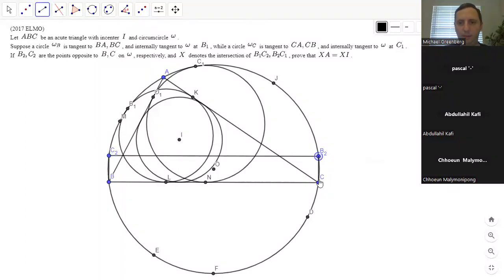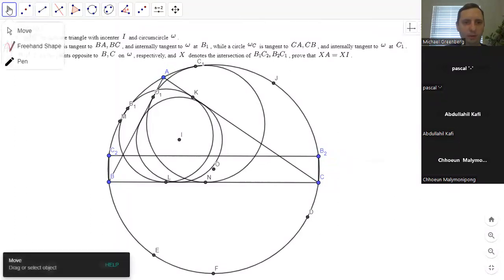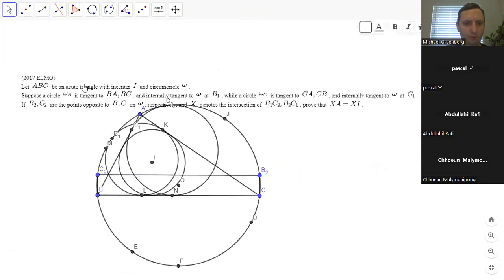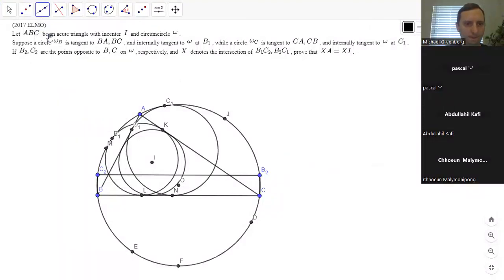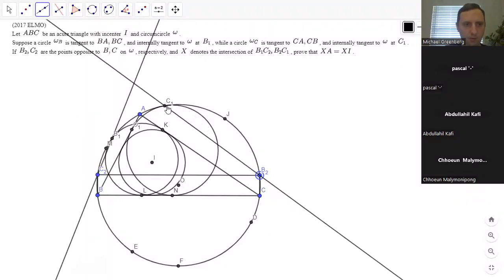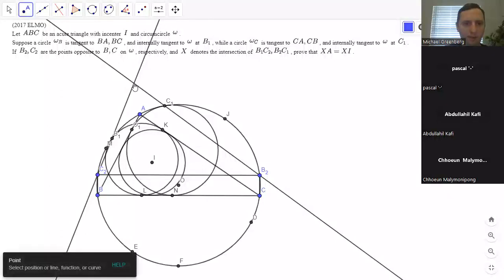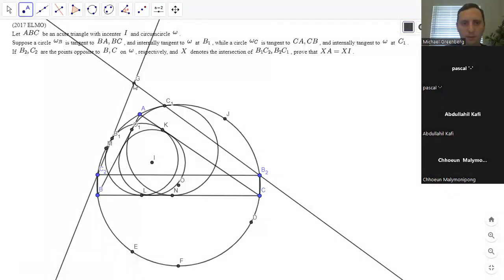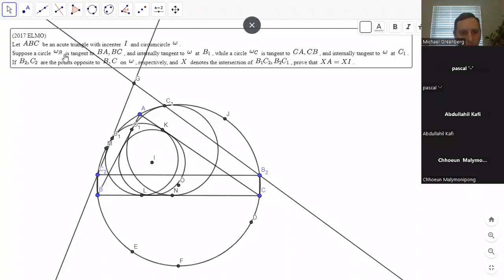And we want to let B1, C2 intersect B2, C1. So let me shrink the figure a little bit so that we can see the intersection. There we go. And that's X. It doesn't look like XA equals XI, so maybe I drew something wrong. B1, C2, and B2, C1. So I switched the names of B1 and C1.